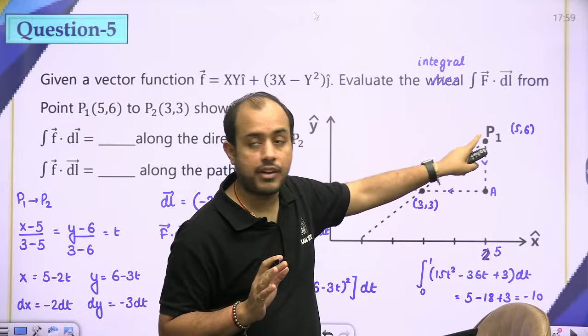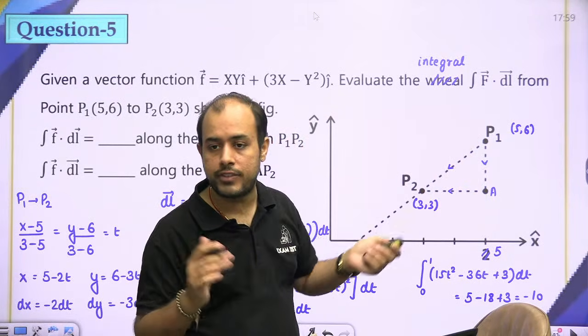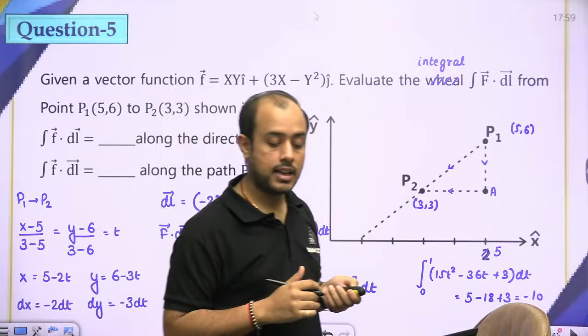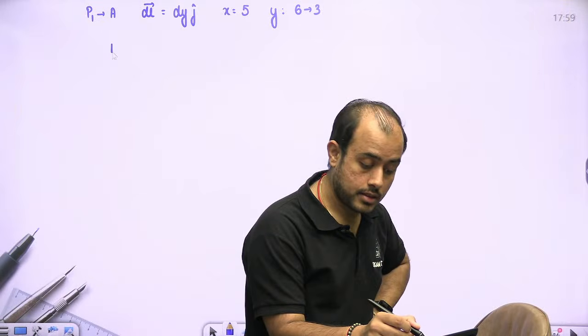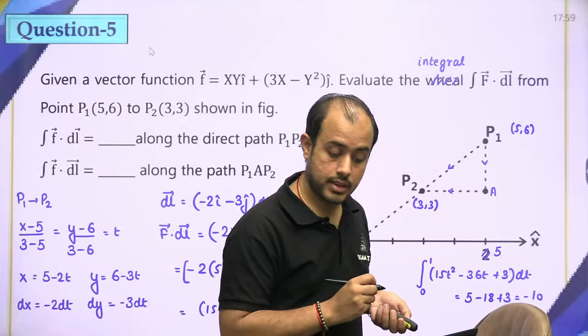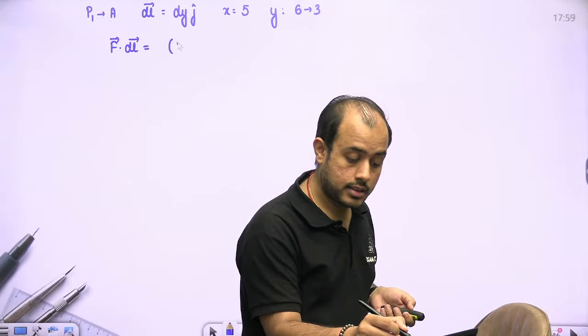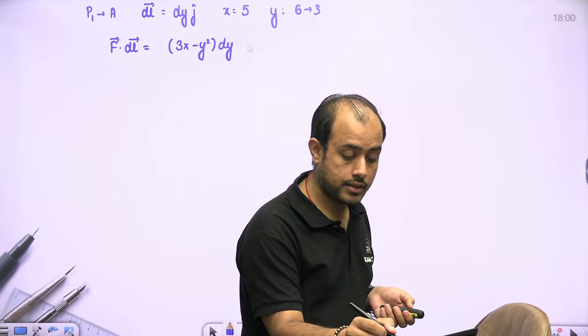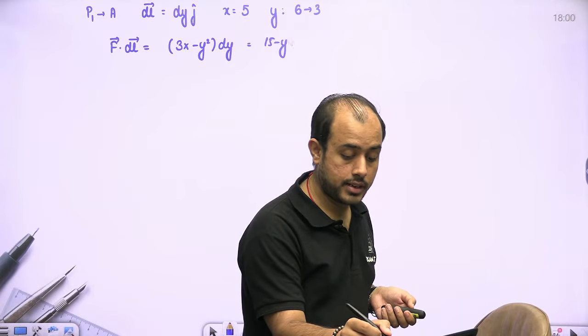So when I am saying y comes from 6 to 3 obviously it is going downwards, अपने आप नीचे आ रहा है. तो f dot dl will be how much, f dot dl dx minus y square dy. Now x is 5, 15 minus y square dy.